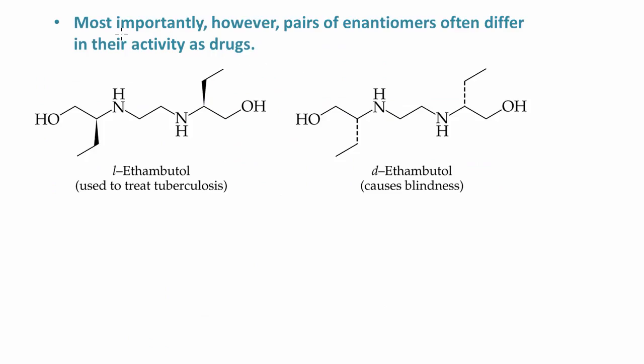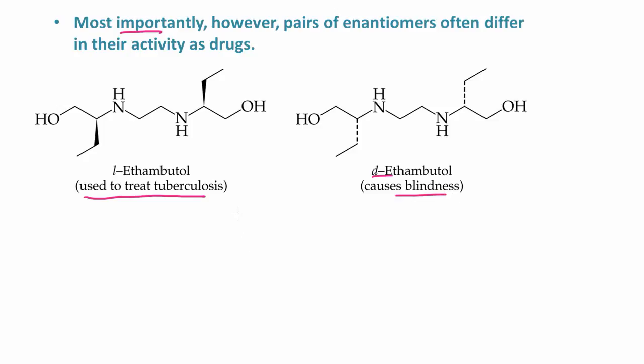What's going to be important to us when we get into the biochemistry is how pairs of enantiomers differ in their activity as drugs. So, for example, we have this molecule here, and the L form is used to treat tuberculosis. However, the D form will cause blindness.